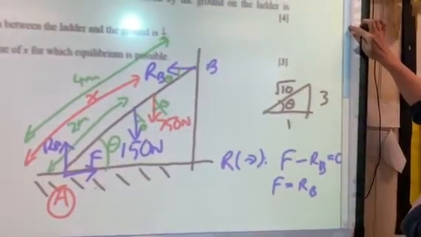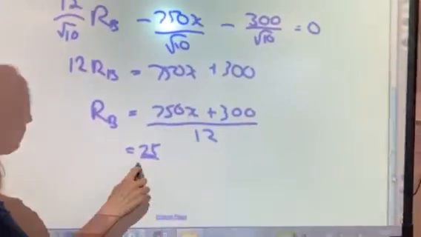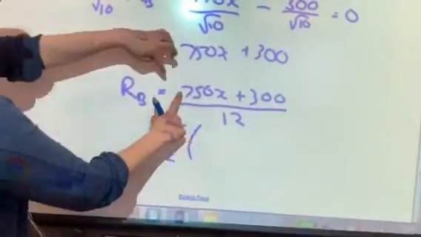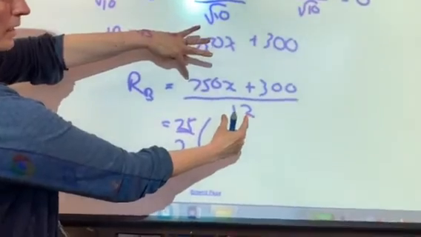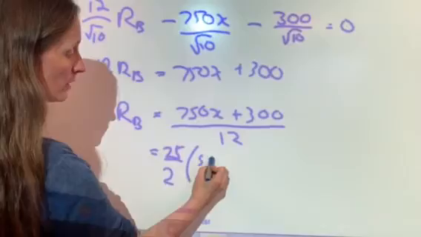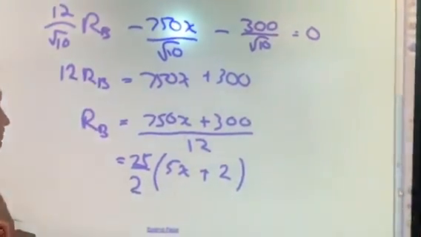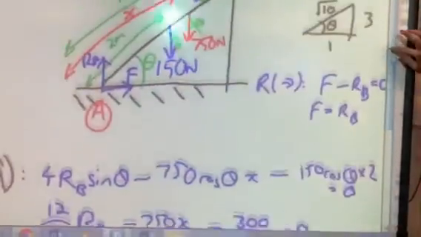So we had 25 over 2, 2 plus 5x. If I do 750 divided by 6 and then divide by 25 over 2, I'm going to get 5x, and this will be 2. Okay, and that part's done.